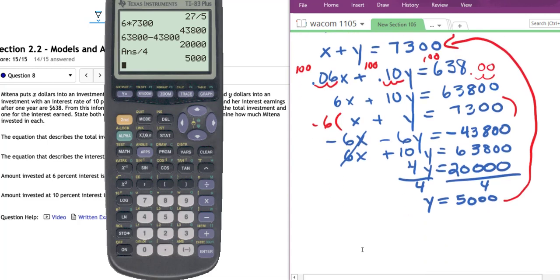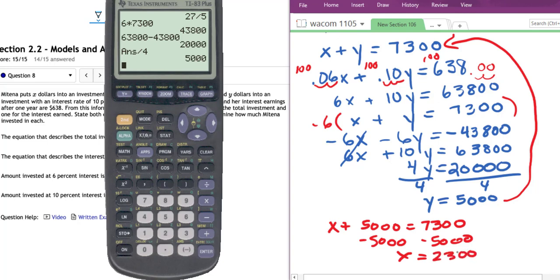So substitute back, and you're going to get x plus 5,000 equals 7,300. So x will be 2,300.